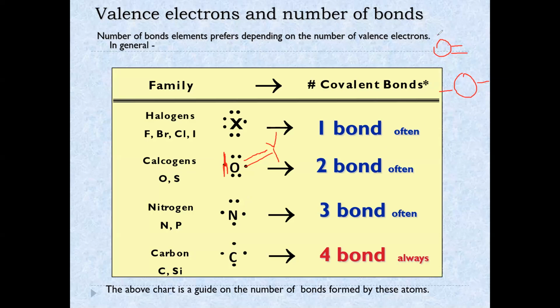And if you look at this, there are 2 valence electrons, 4 electrons there. 1, 2, 3, 4. So you can see it's 1, 2, 3, 4, 5, 6, 7, 8.